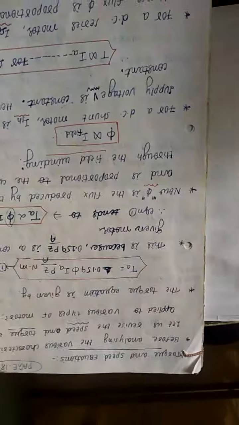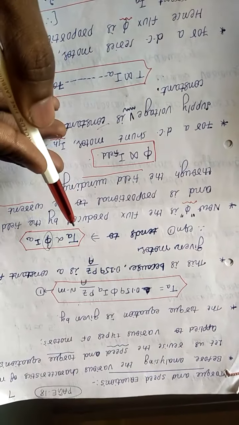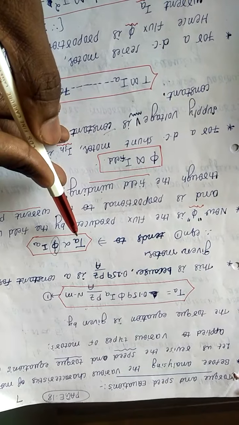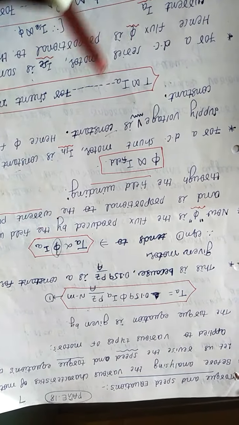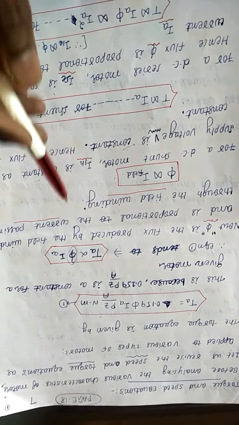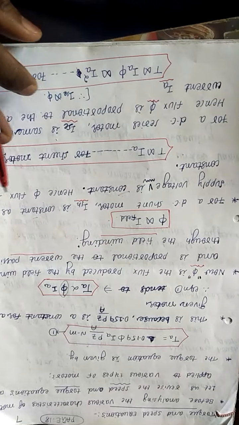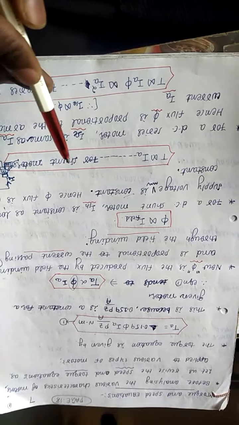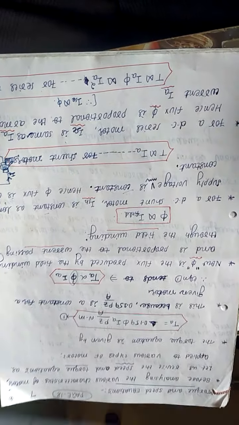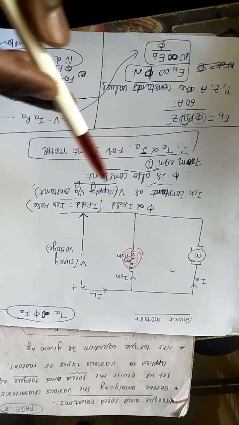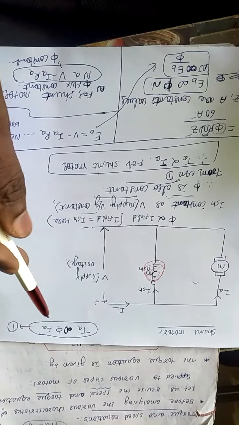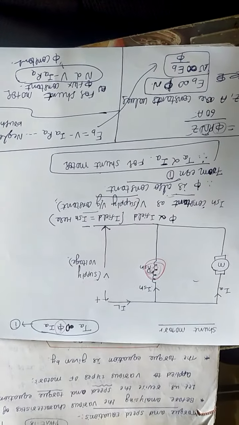Therefore, from the general equation, in the case of DC shunt motors, TA is directly proportional to Ia, because this flux is constant. That's what I have written here.